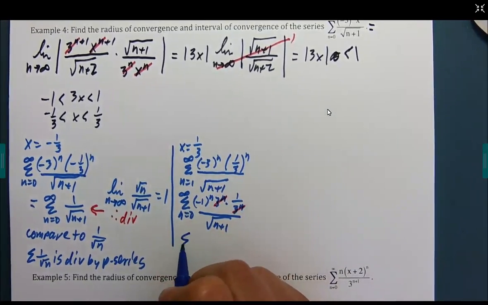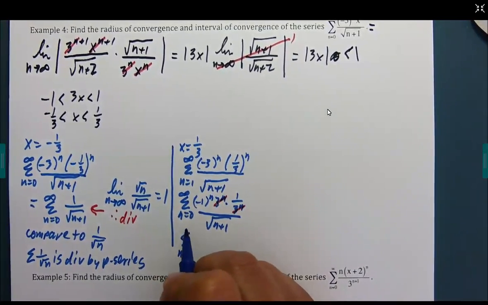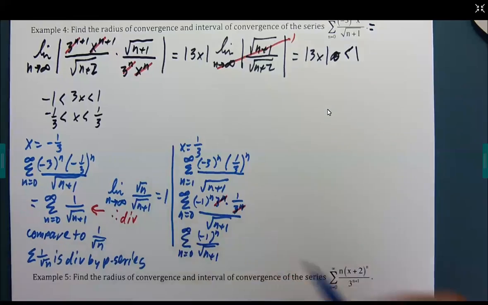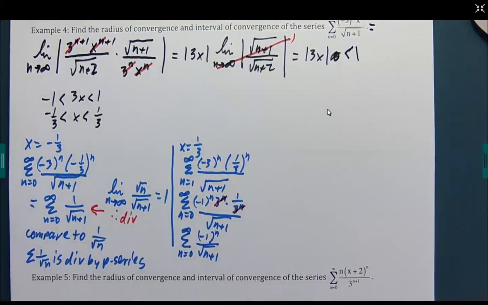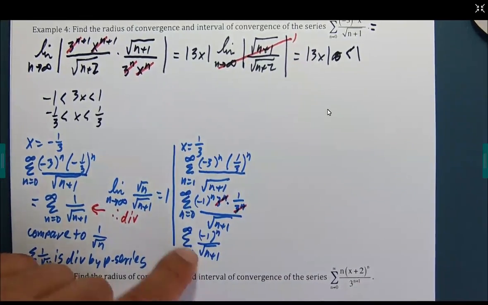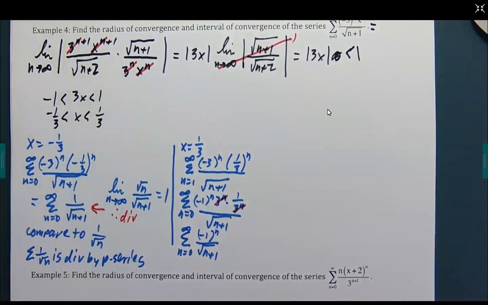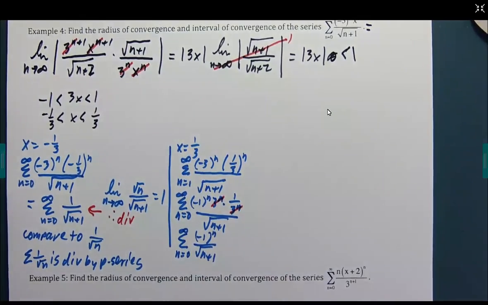And that leaves us with negative 1 to the n over root n plus 1. And now we need to determine if this is convergent or divergent. If it's convergent, the endpoint x equals 1/3 is going to be included in the interval. Otherwise, it won't be included.